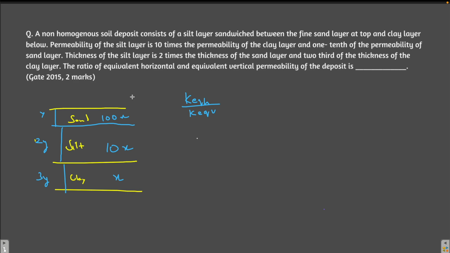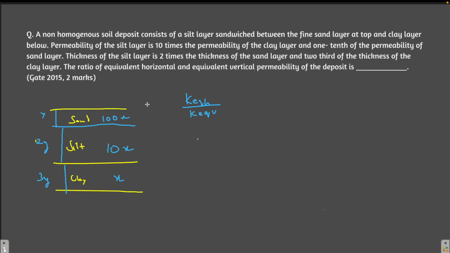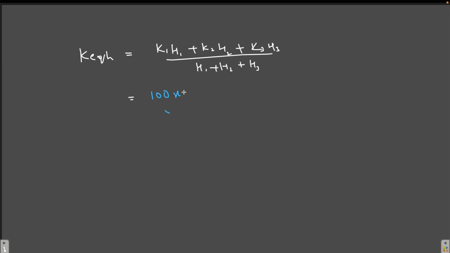What is K1 here? K1 is for sand. K1 is 100x, this is for sand, into H1. What is H1 now? H1 is the height of the sand. It is y.